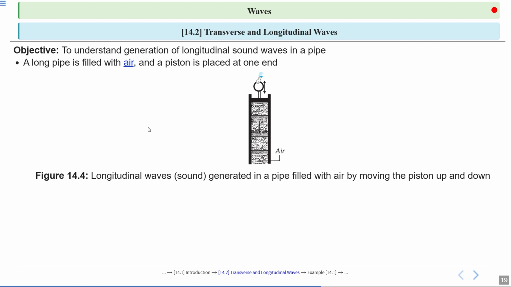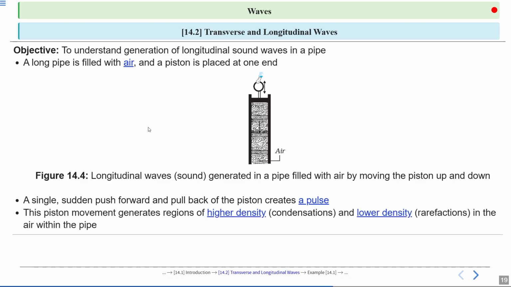Longitudinal waves are generated in a pipe filled with air by moving the piston up and down. If we give the piston a quick push forward and then pull it back, we create what's called a pulse. This pulse is a single disturbance that travels through the air in the pipe.